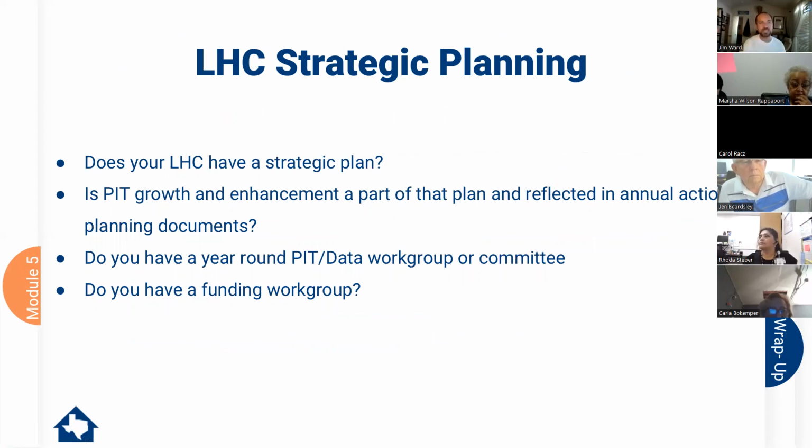But this really kind of plays into your LHC's local goals. So specifically strategic planning, and within your community's strategic plan, what part of that plan or action plan is focused on the point in time count growth and enhancement? Because using that example that I gave earlier about a transition age youth serving project and no youth identified in the point in time count, right?